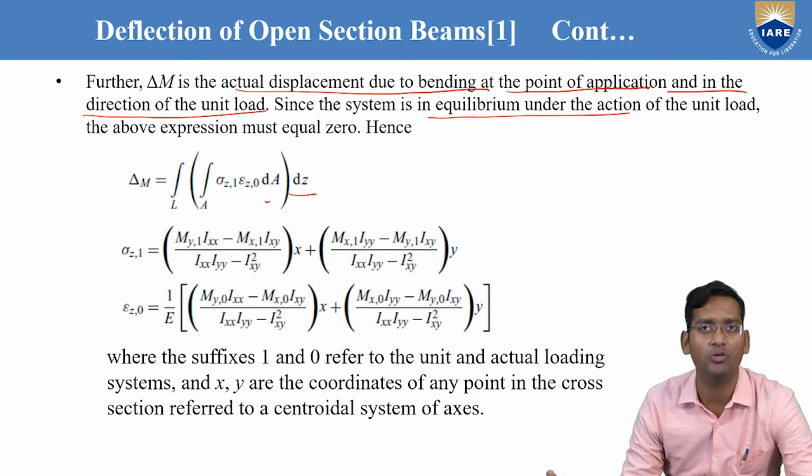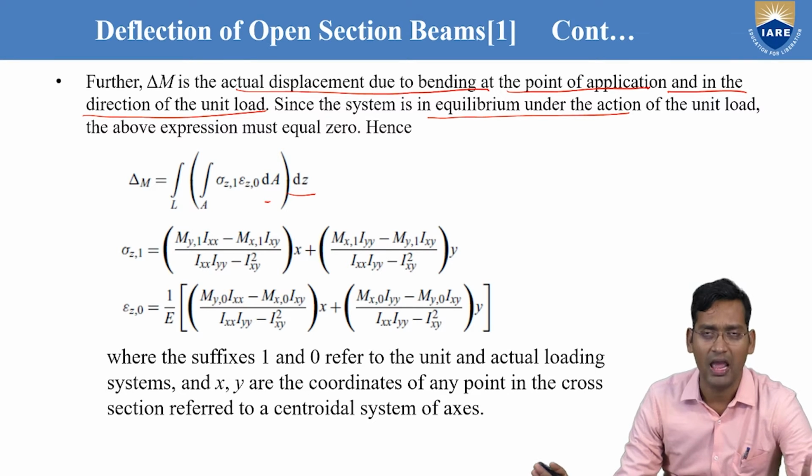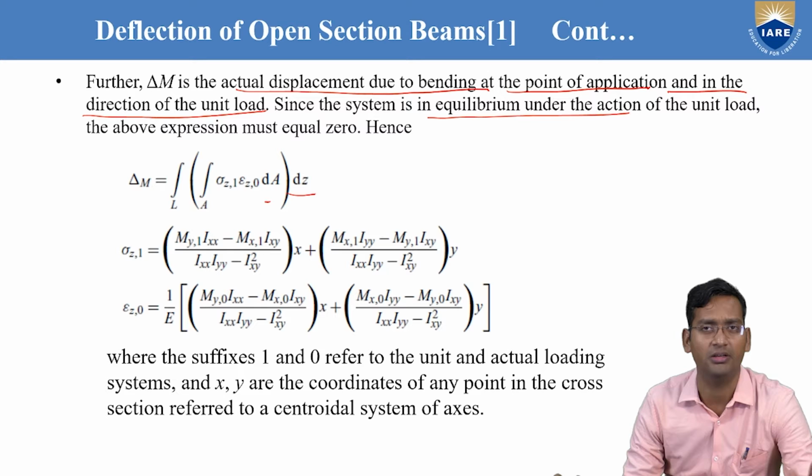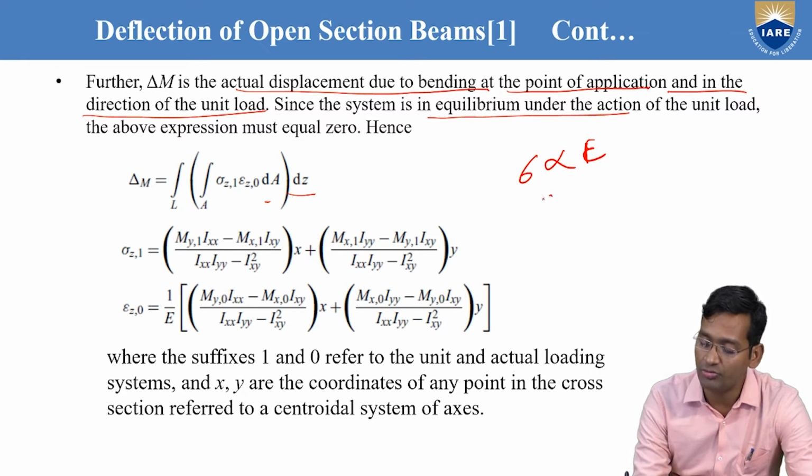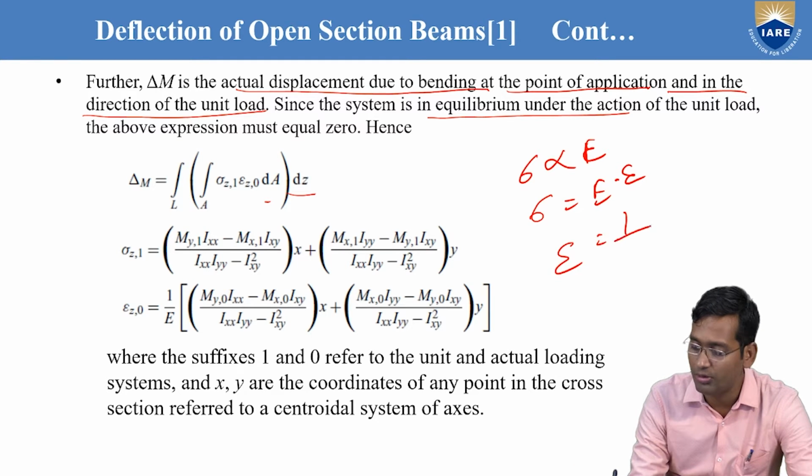Now just substitute the values here for sigma z and epsilon z. So what is epsilon? From Hooke's law, sigma is directly proportional to epsilon, right? For the proportionality constant, sigma equals E, the Young's modulus of elasticity, into epsilon. So from here we can write epsilon is 1 by E into sigma.